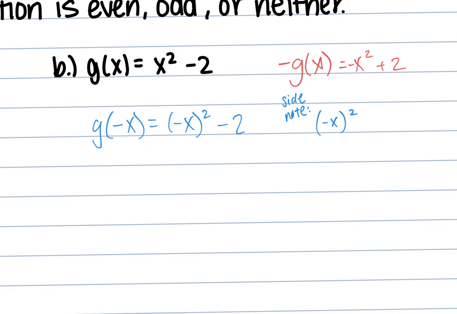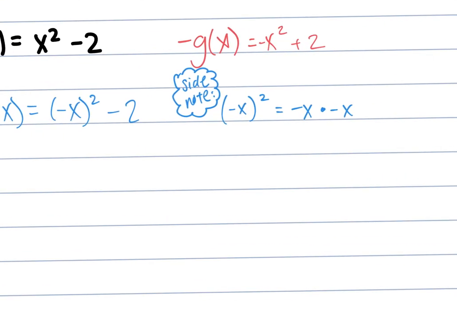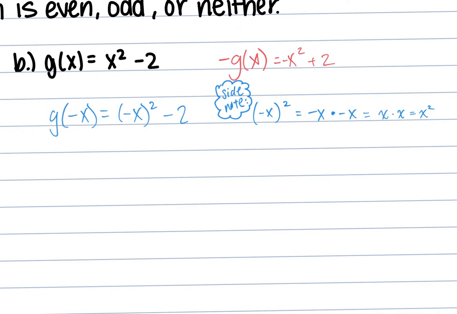Write a little side note for yourself. If you square negative x, do you agree that this is the same as negative x times negative x? What's a negative times a negative? So this is the same as x times x, right? And how could we rewrite x times x? X squared, right? So check it out.